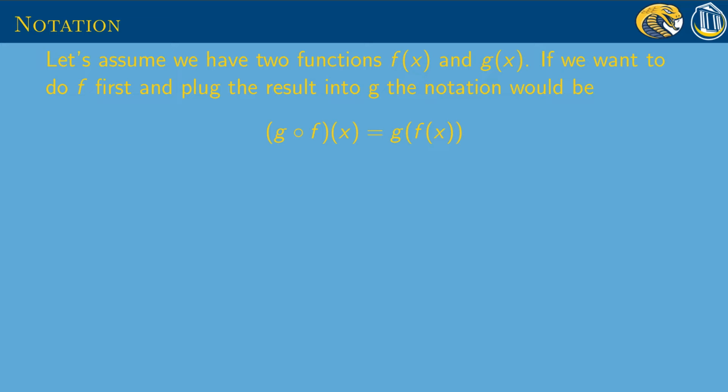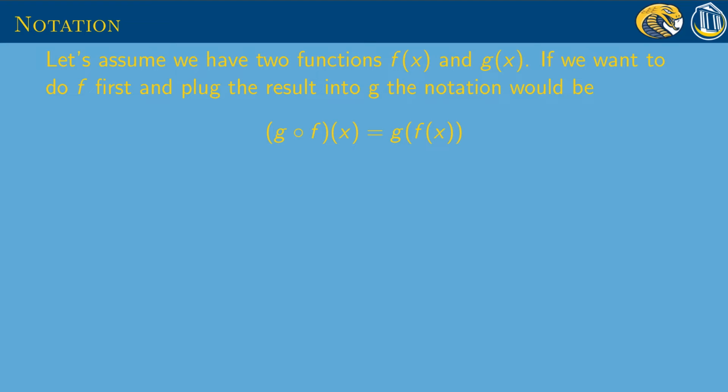Let's say we have two functions, one of them that tells us how much money we have, and one of them that tells us how many pizzas we can get. What we can do is calculate f of x first, and then whatever the output of that function is, plug it into g of x.